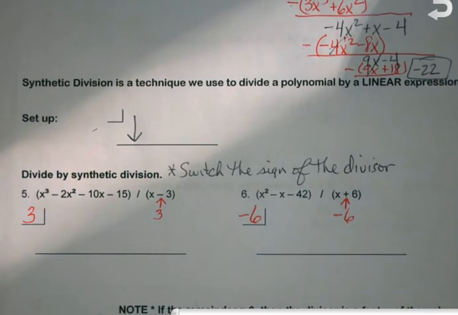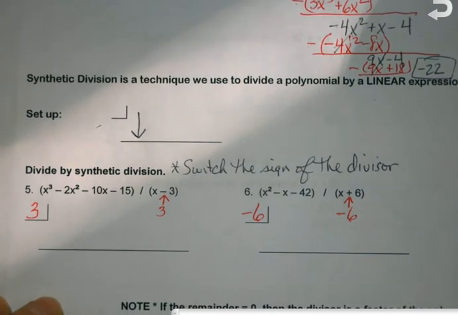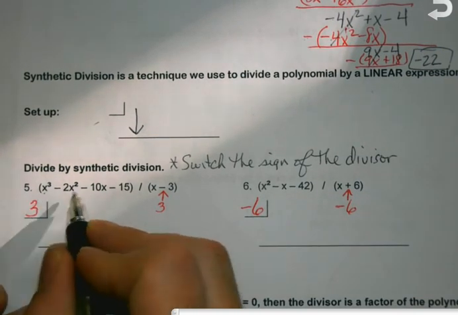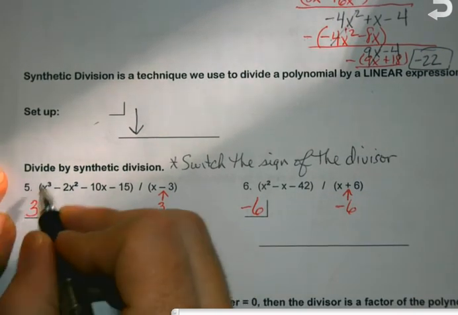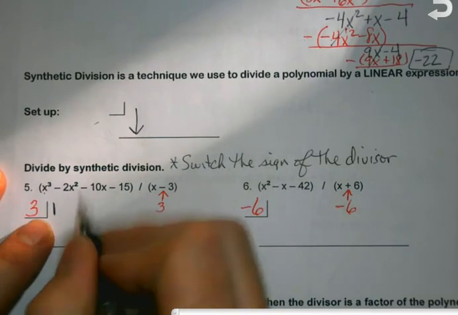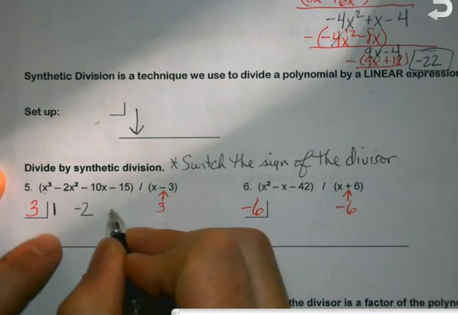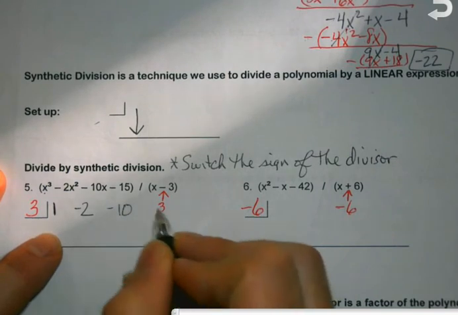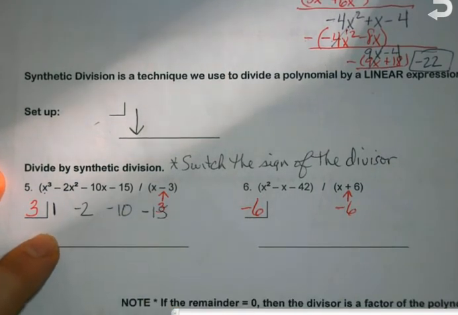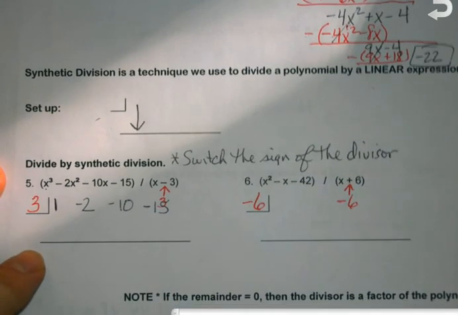Because then what I do is I say, okay, I'm going to take just the coefficients. I'm going to lose my variable. So like, I don't see a number in front of x cubed, so that's a 1. I have a negative 2, a negative 10. 3 is going to get in my way. 10 and negative 15. It's getting blasted out by my 3.